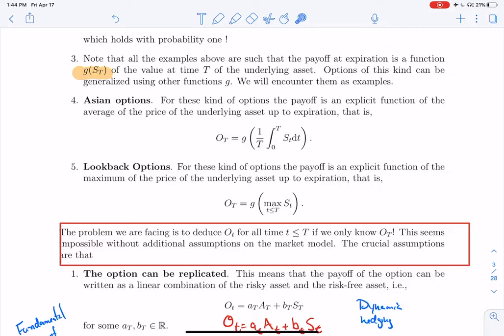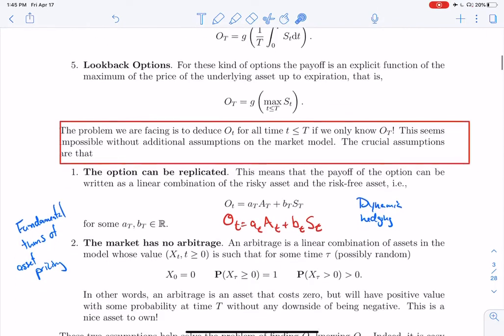More generally, I could look at a payoff which is a function of the price at expiration. Those are called European type options. There are also different types of options, for example Asian and lookback, called exotic, where the payoff is not a function of the last price: for Asian it's a function of the average price over time, and for lookback it's a function of the maximum price you see on the time interval. So sky's the limit in terms of different derivatives you can create.